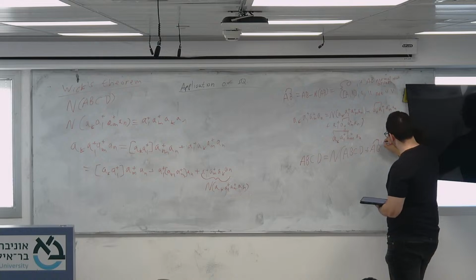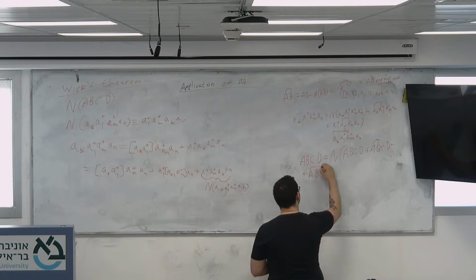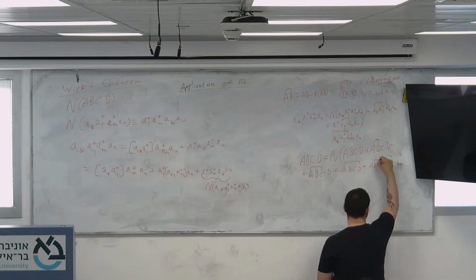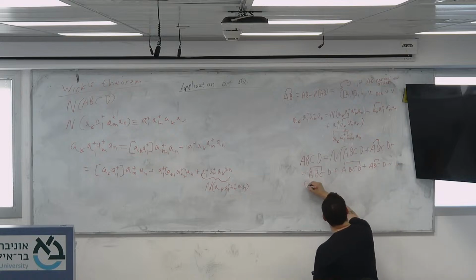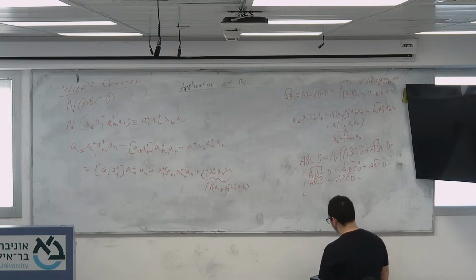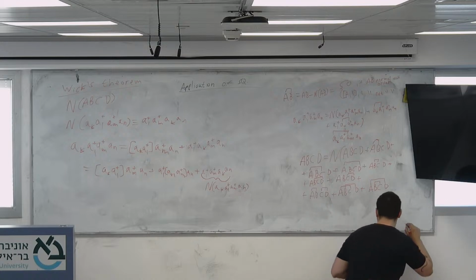So it's okay. AB, contraction CD, plus A, B, C, D with A contracting with C, plus A, B, C, D with A contracting with D, plus A, B, C, D with B contracting with C, plus A, B, C, D with B contracting with D, plus A, B, C, D with C contracting with D. I'm going to write this one on another line: A contracting with B and C contracting with D, plus A contracting with C and B contracting with D, plus A contracting with D and B contracting with C. You can check me on this.